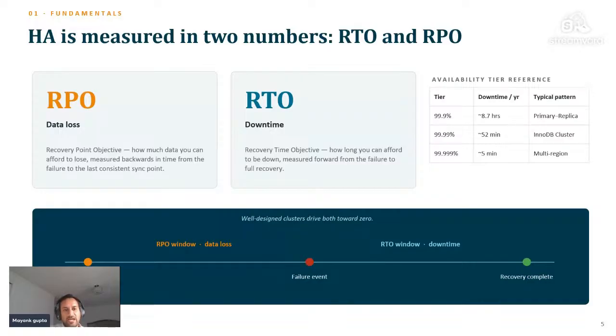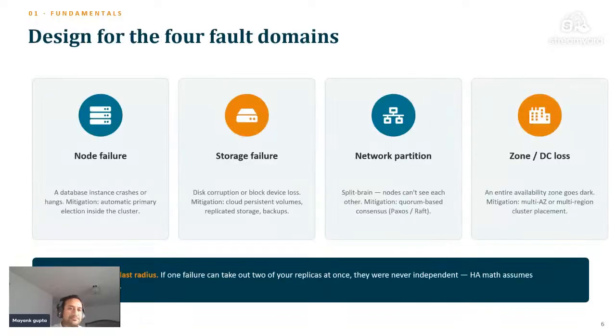So the orange and the green dots will be right on top of the red dot. That means zero recovery time and zero data loss. And that is practically impossible, or if we are trying to do that, there are some costs associated with it. We can talk about it in the later slides.